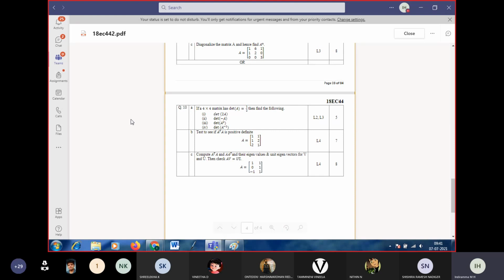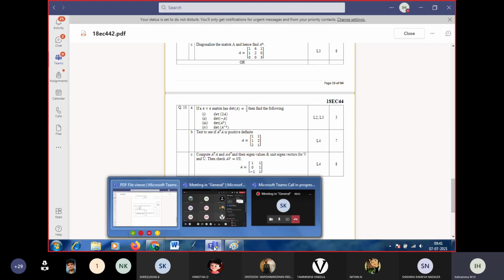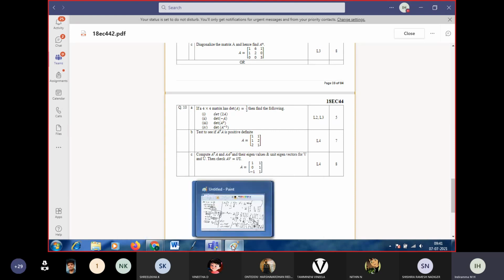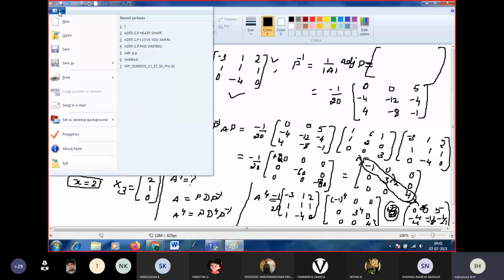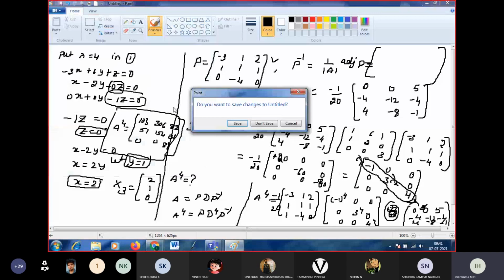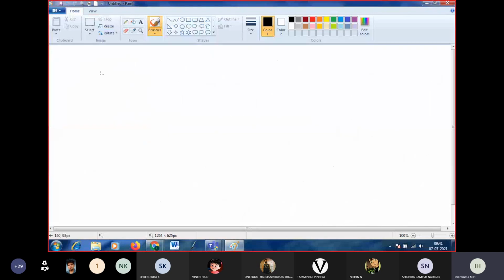What is the positive definite of a given matrix? Is there any doubt?